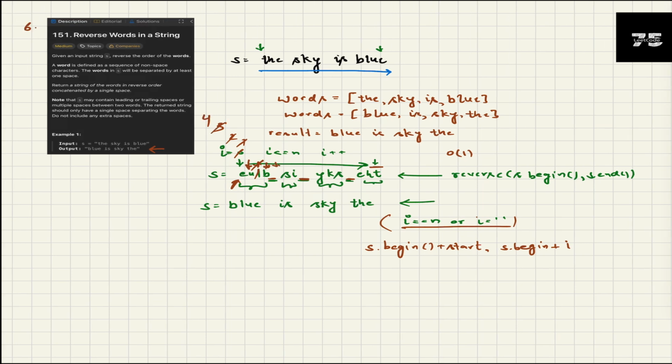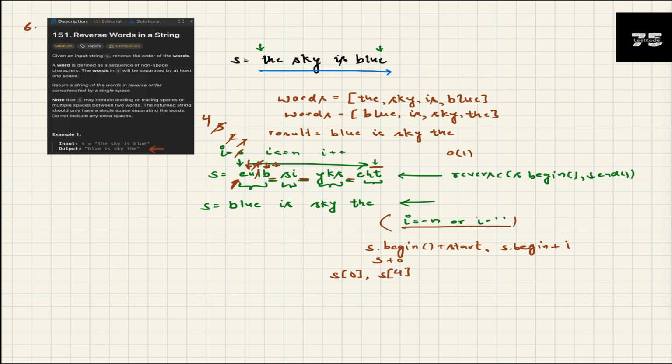So what I'm going to do is S dot begin plus start. The start is 0, so I'm going to reverse from S of 0 to S of begin plus i. S of begin was nothing but 0, and the value of i is nothing but 4, right?